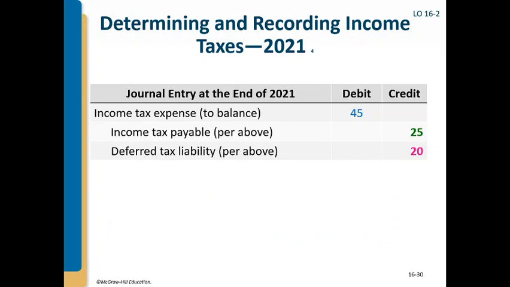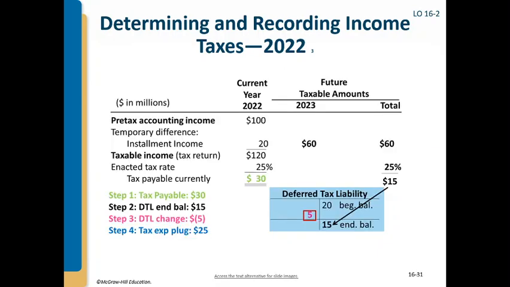So here you go. And then in year 2, 2022, when you receive $20 million, it increases taxable income to 120, which makes your tax payable currently 30.